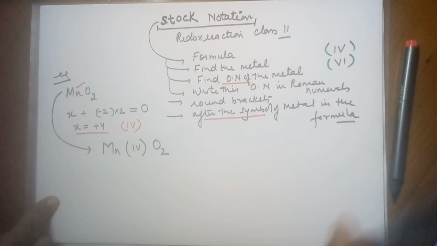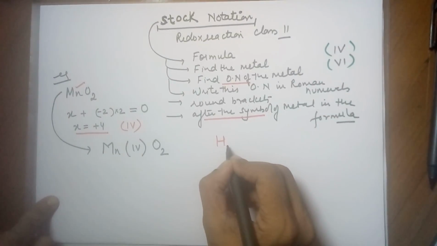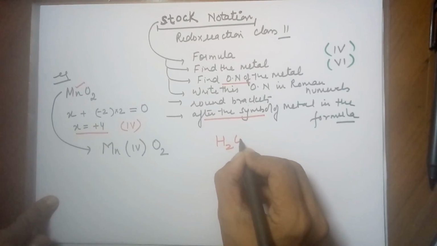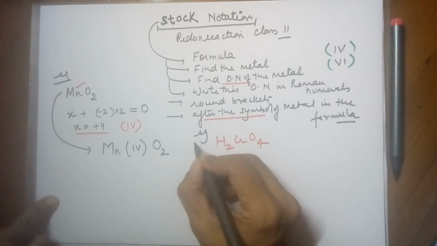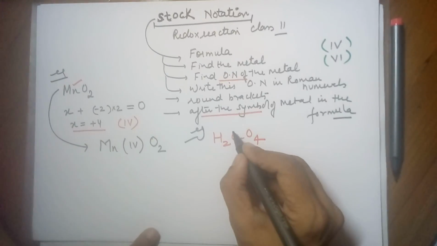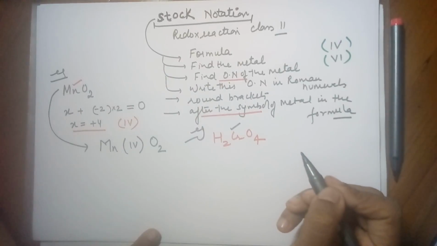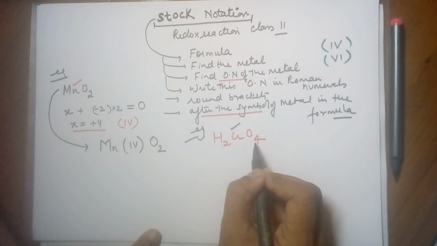We'll do one more. The next example is H2CrO4, example number 2. Now in this H2CrO4, which is the metal? That's chromium. Let's find out the oxidation number of chromium. Hydrogen's common oxidation number is +1 except for a few exceptions, which it is not.